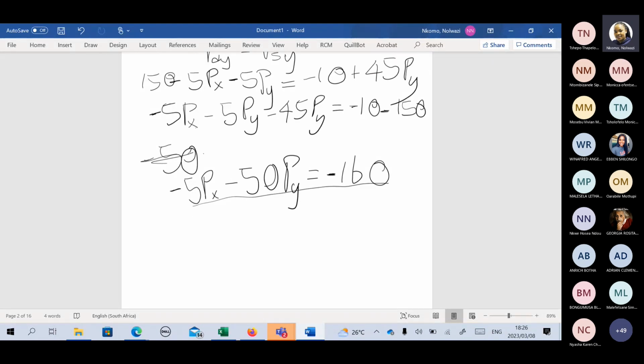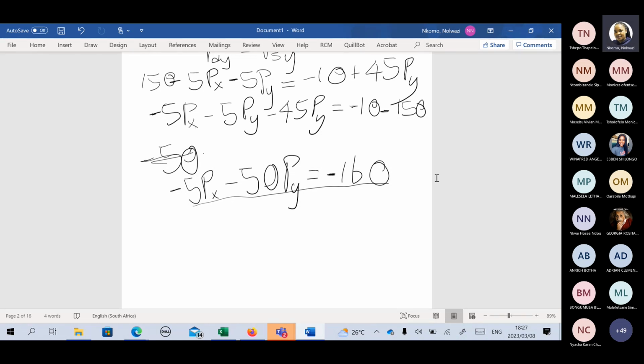But you see, we can still simplify this equation further. We have minus 5px, minus 50py, and minus 160, right? And you see there's a common factor between all these terms, which is 5.